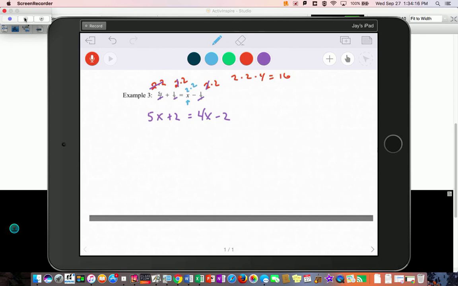So I can subtract 4x. And I'm also going to subtract this 2 to the other side. So these 2 will be gone, and we're left with x equals negative 4. So that would be a pretty easy one to plug in for your x's and make sure that both sides equal the same thing.